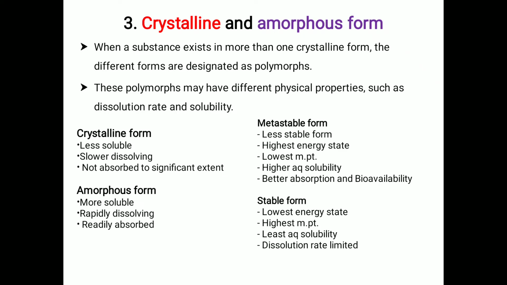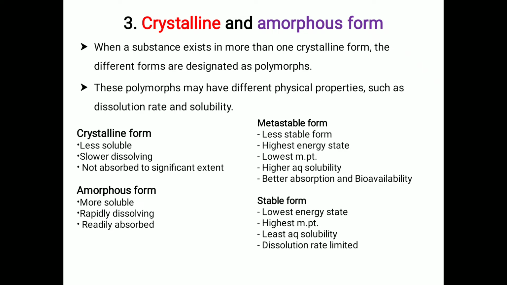The next factor is crystalline as well as amorphous form. When a substance exists in more than one crystalline form, those different forms are designated as polymorphs, and the phenomenon is called polymorphism.